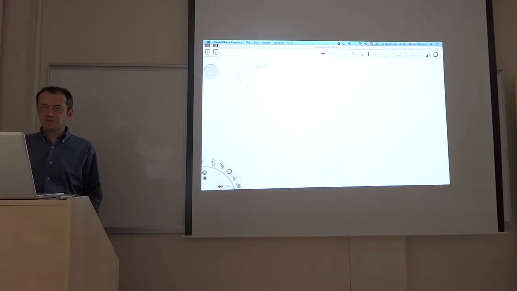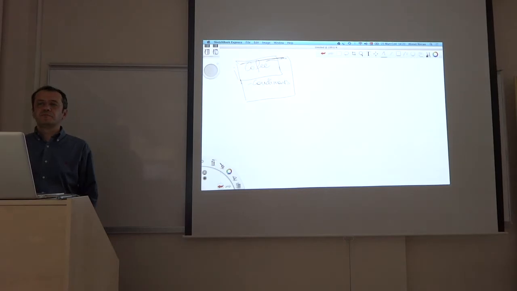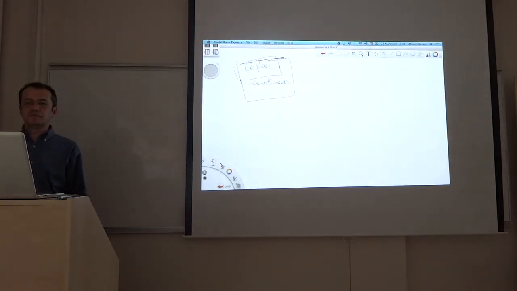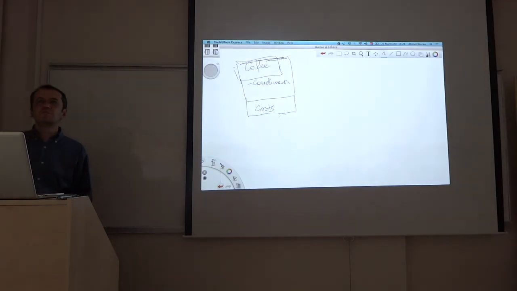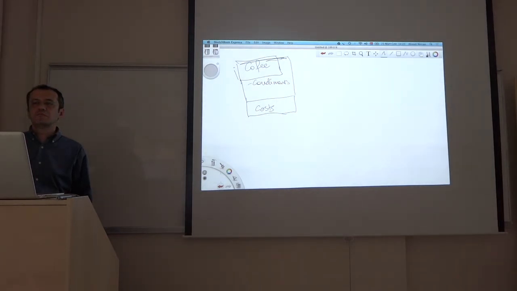I have a coffee here. So I will have some condiments. How would you be doing this? Instead of inheriting the base coffee types from a coffee superclass, I would have coffee as a class, and like we did in the strategy pattern, I would have 2 interfaces: coffee base and coffee condiment.